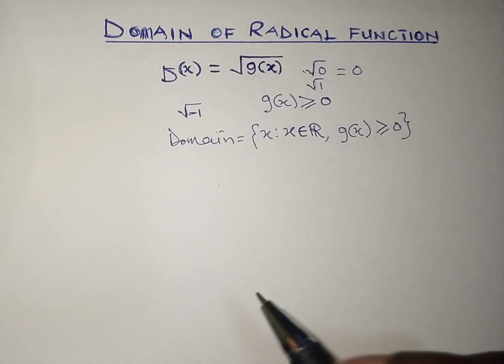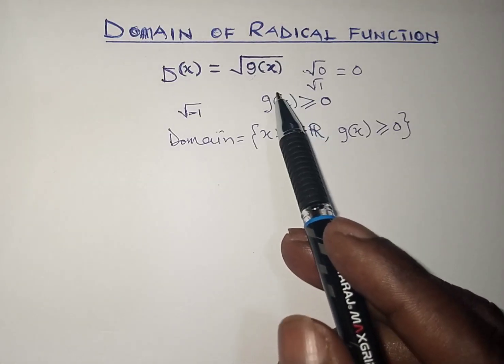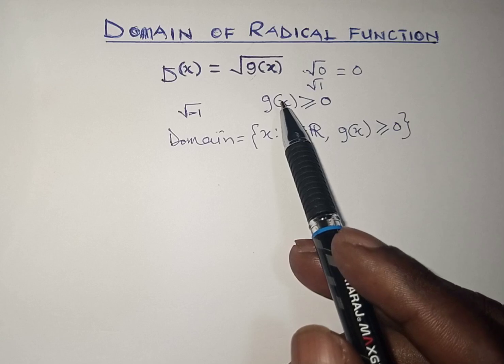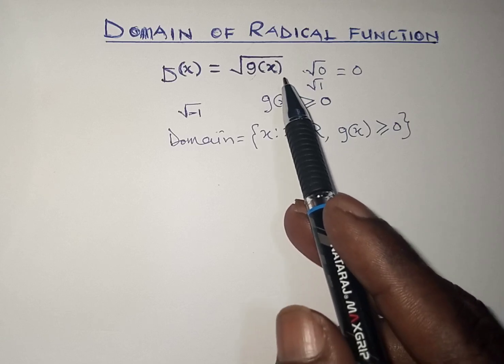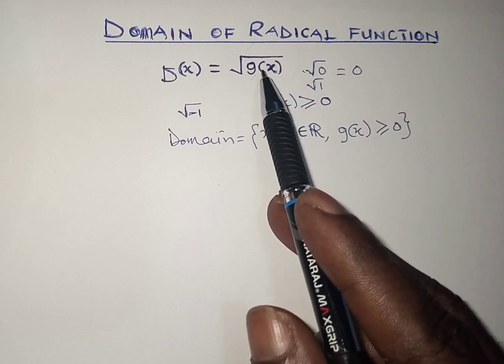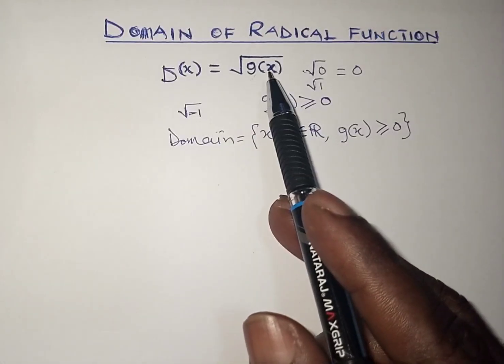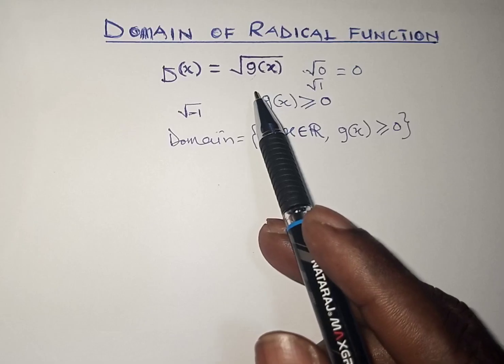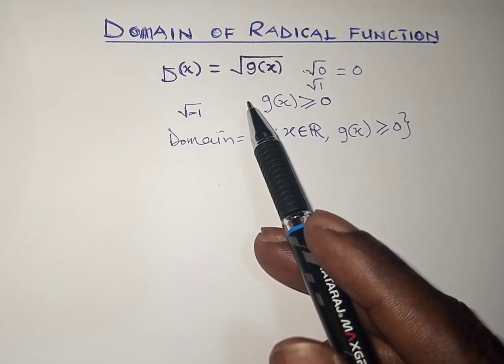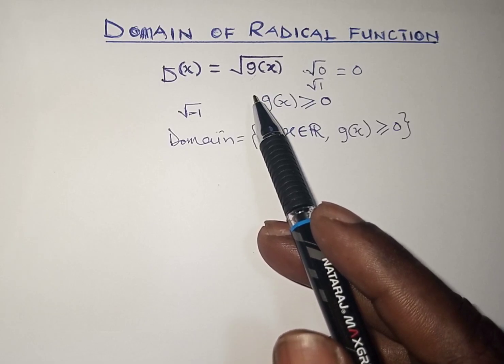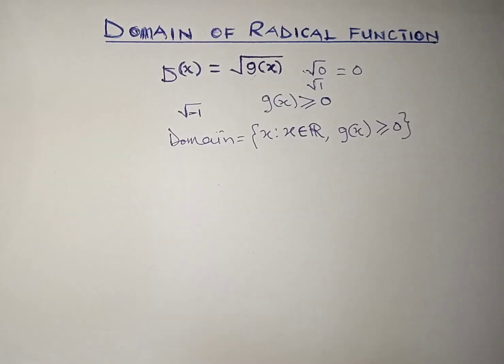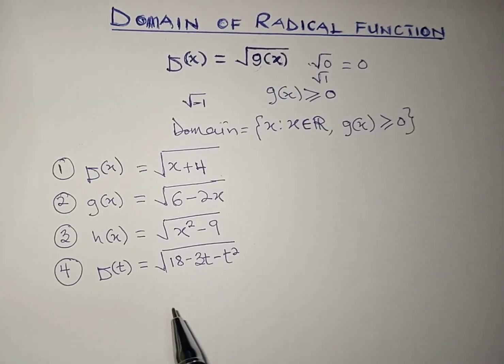But before we look at this one, you are just given a function. We don't know what the function is, but all we are saying is that the values of x should make the function f of x defined. That's what we are saying. So let's take some examples and see how we can do that. Now let's look at the following example.